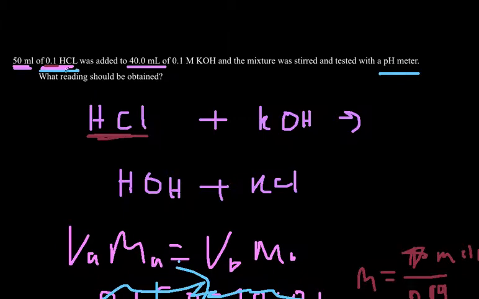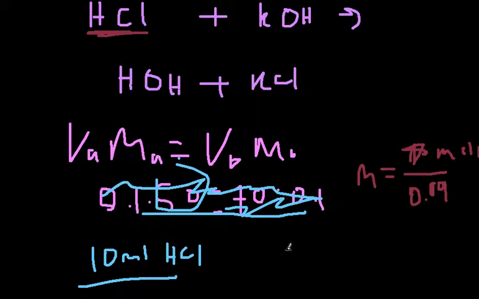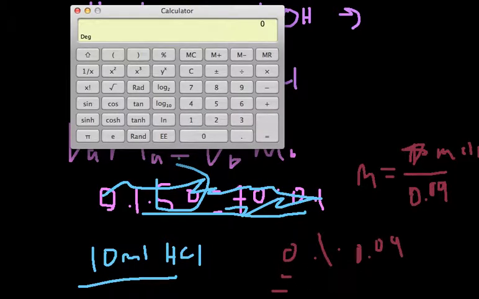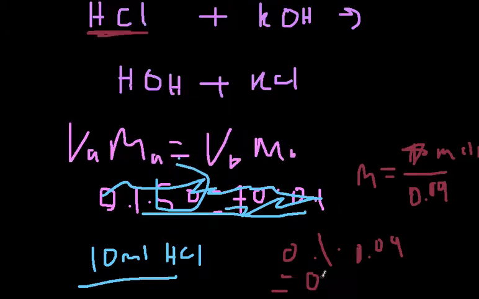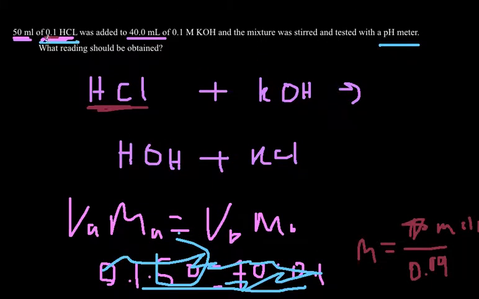So you can solve by doing 0.1 times 0.09 to get how many moles there are, which is 0.009. That's how many moles there are of this at the beginning.